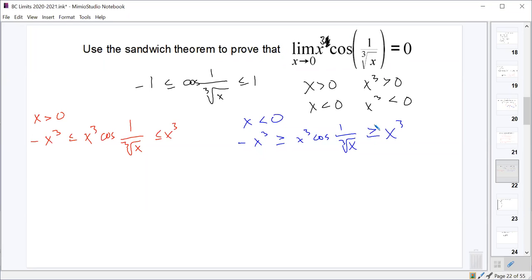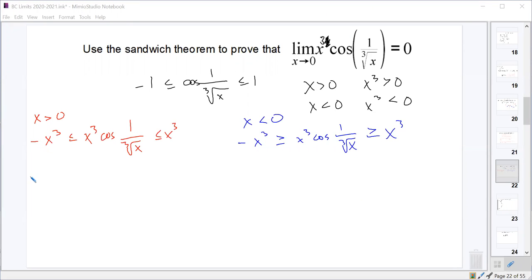All right, wonderful. So on this one where x is greater than 0, I just need to find the limit as x approaches 0 of negative x cubed and x cubed, right? Yeah, but what's the problem with that? If x is only greater than 0, I can't have a two-sided limit.